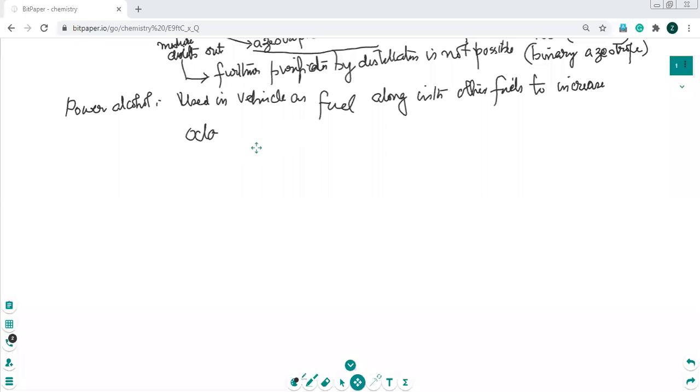We were talking about power alcohol yesterday. It is used in vehicles as fuel along with other fuels to increase octane rating. We have talked about what is octane number.